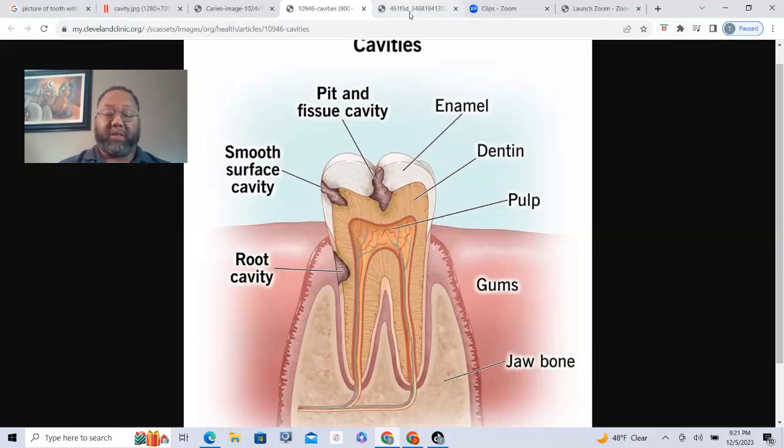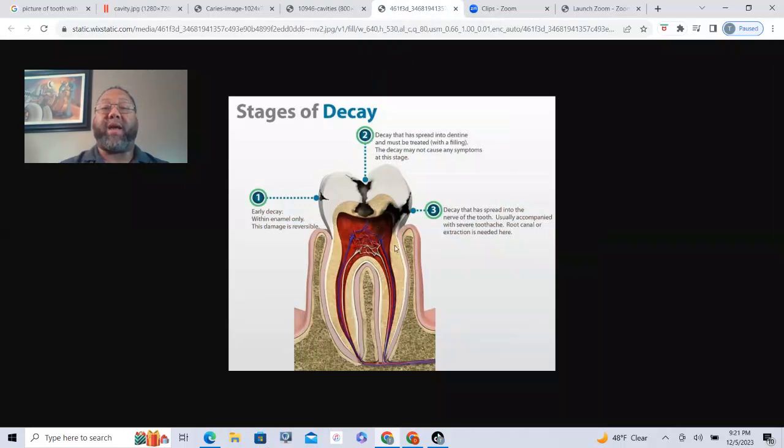But if the decay is in the root canal, in the pulp, then the dentist or a specialist called an endodontist would need to do what they call a root canal, which is simply doing a deeper filling into the canal or canals of the tooth, depending on whether it has one, two, or three canals. We'll go into that in another video, but this is basically giving you an idea of the stages of tooth decay.